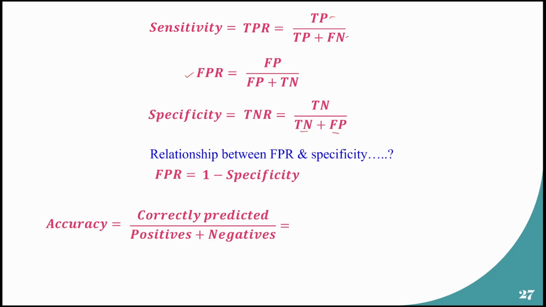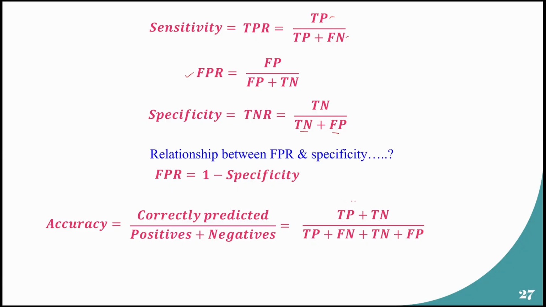Sir, it would be true positive plus true negative divided by true positive plus true negative plus false positive plus false negative. Yes, on the bottom you will have everything, and on the numerator you will have true positive plus true negative.